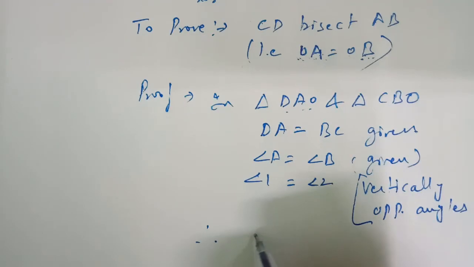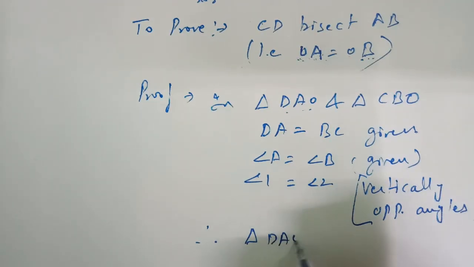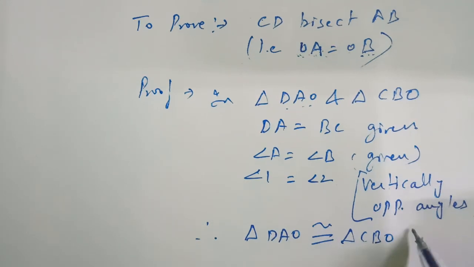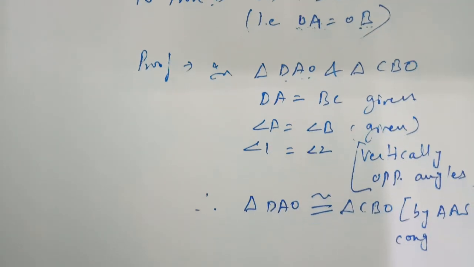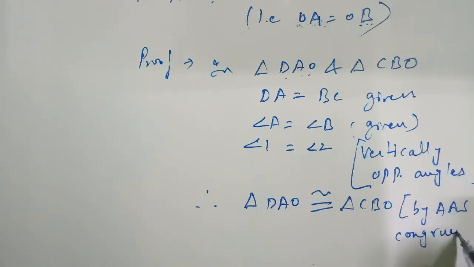Therefore, triangle DAO is congruent to triangle CBO by angle angle side congruency.